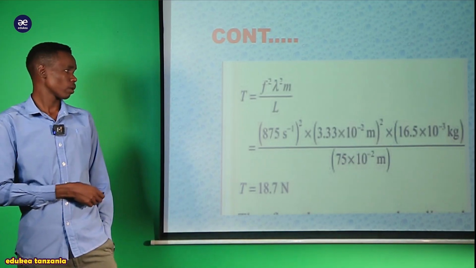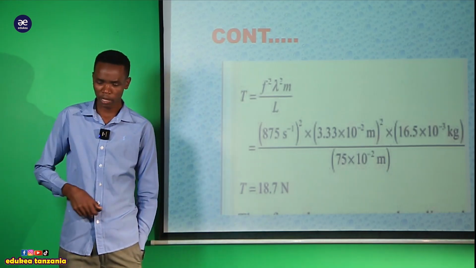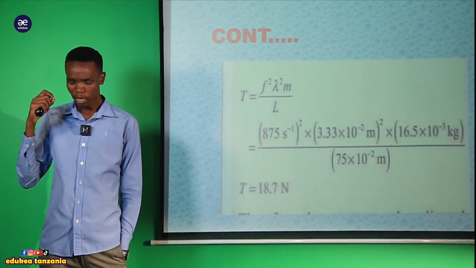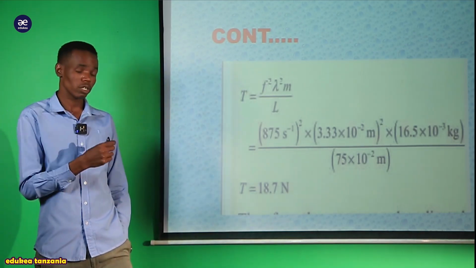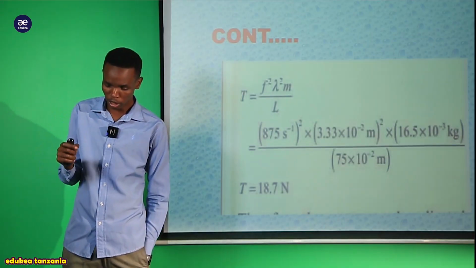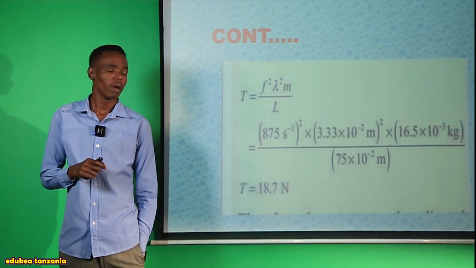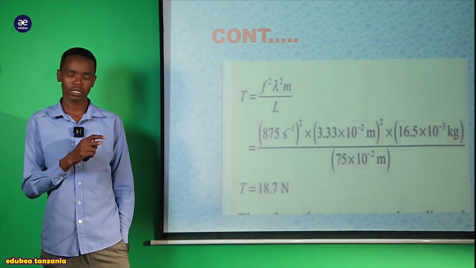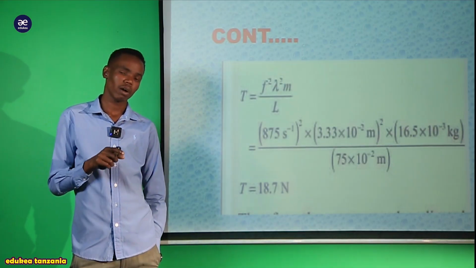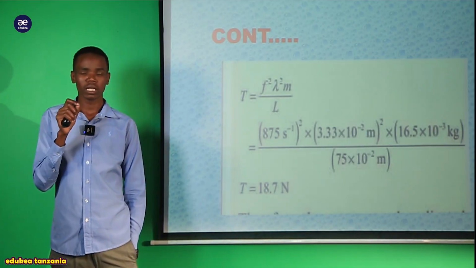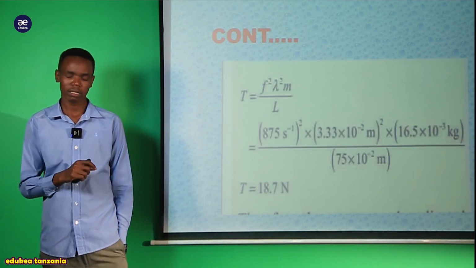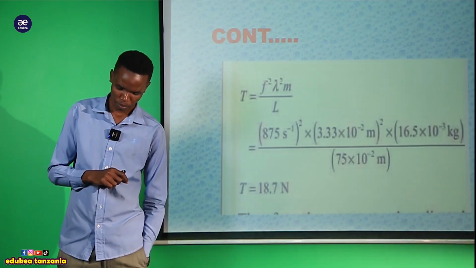Kwa tutamsubstitute pale, ukimsubstitute ndio utapata hii formula kwamba kumbe the tension of the string, my dear student, must be equal to the frequency square times the wavelength square times the mass divided by the length, my dear students.